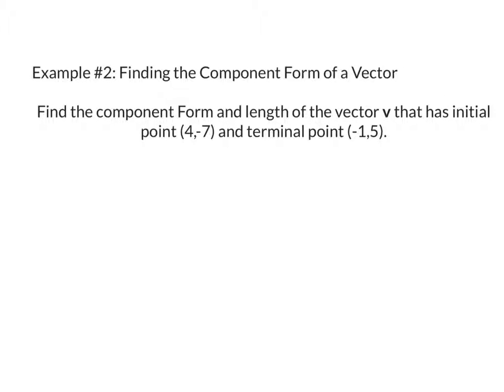So finally, it asks for us to find the component form and length of the vector v that has an initial point (4, -7) and a terminal point (-1, 5). So vector v equals... let's go ahead and label this. Let's make this P1, Q1 and make this P2, Q2.